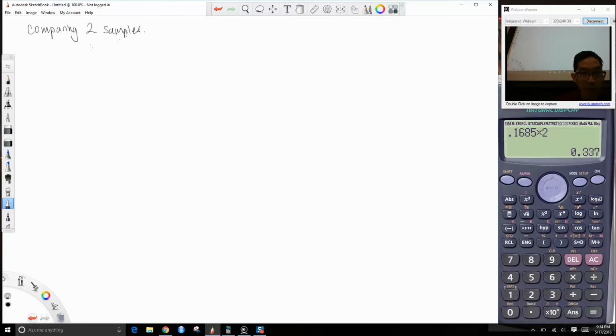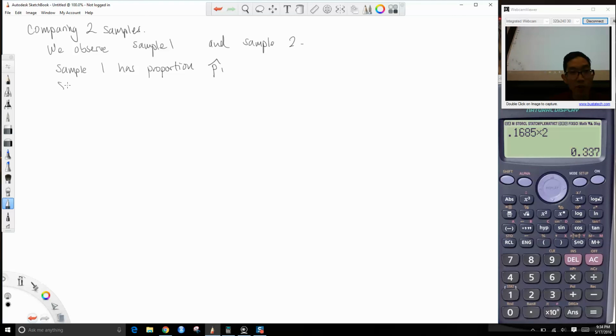So comparing two samples, okay, we observe sample 1 and sample 2. Sample 1 has proportion p hat 1 of whatever, okay?